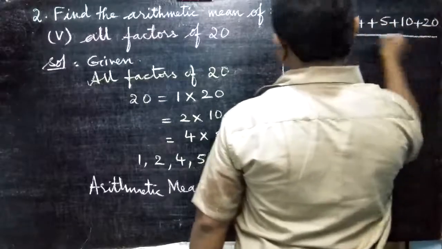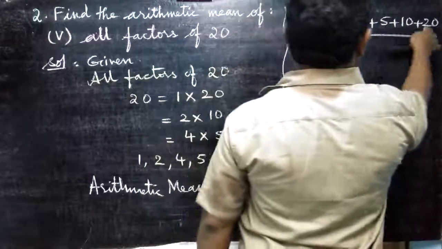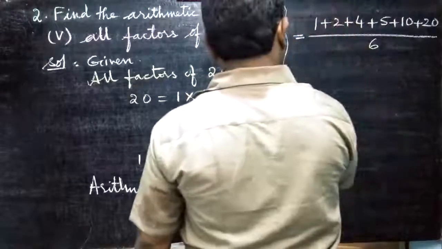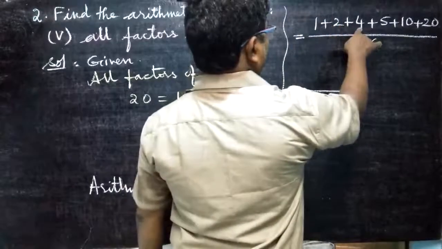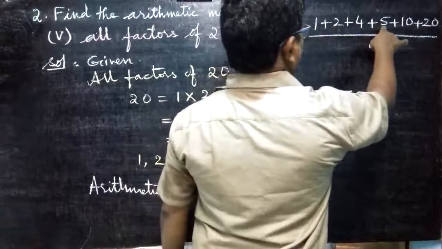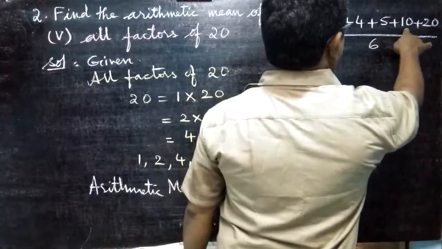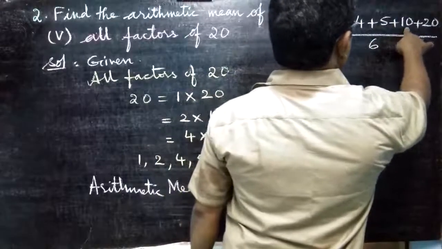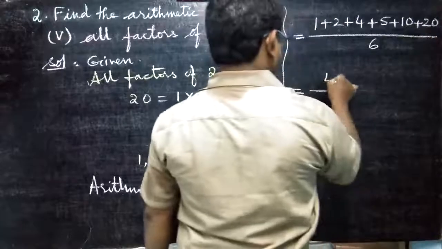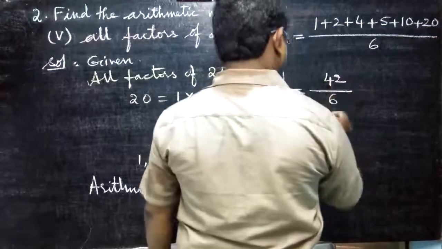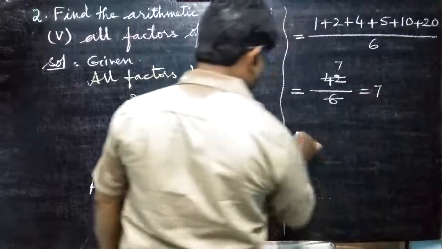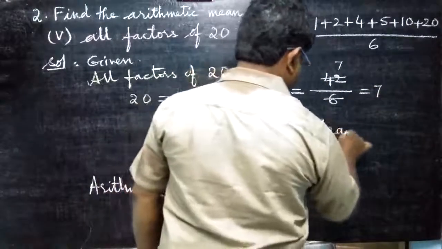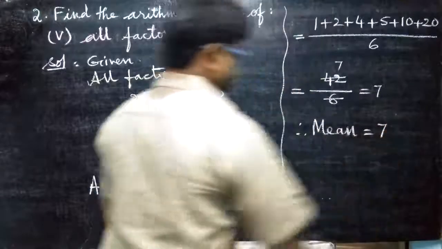Add. How many? 1, 2, 3, 4, 5, 6, by 6. Add. 1 plus 2, 3. 3 plus 4, 7. 7 plus 5, 12. 12 plus 10, 22. 22 plus 20, 42. 42 by 6. 6 goes how many times? 7 times. Therefore, mean is equal to 7.